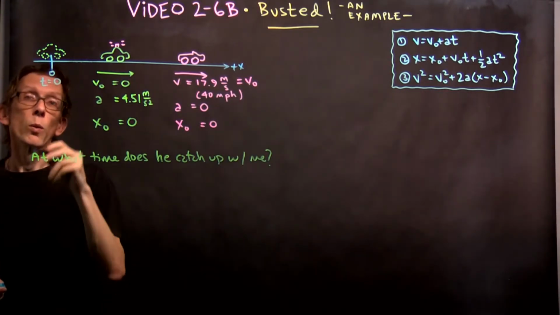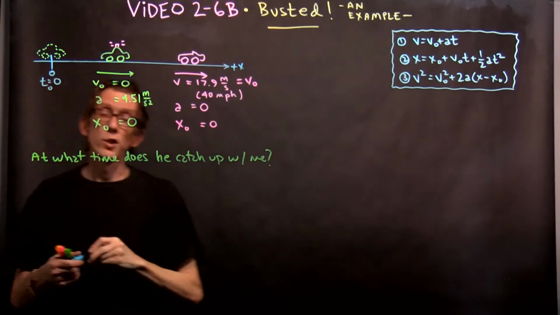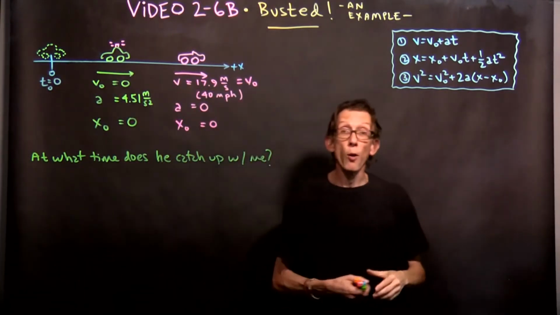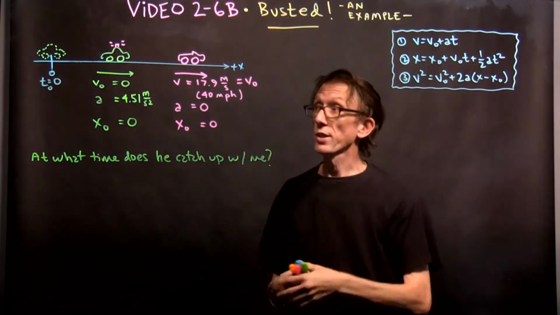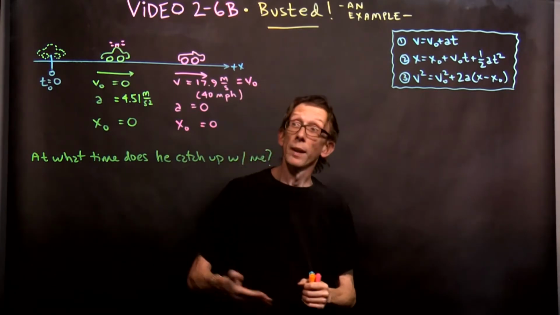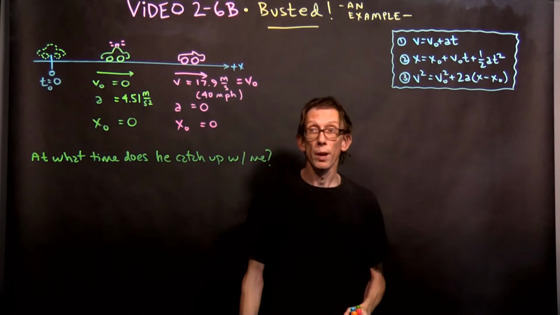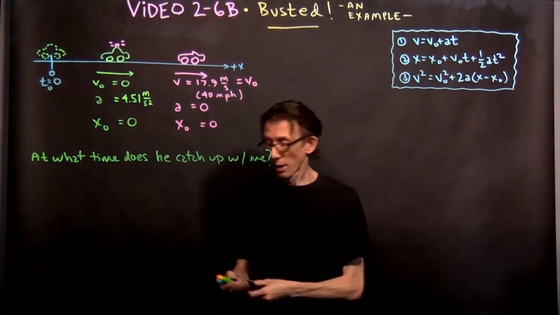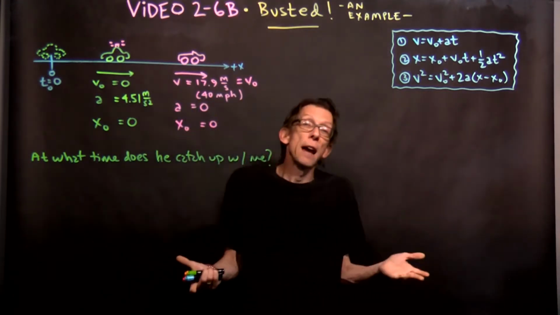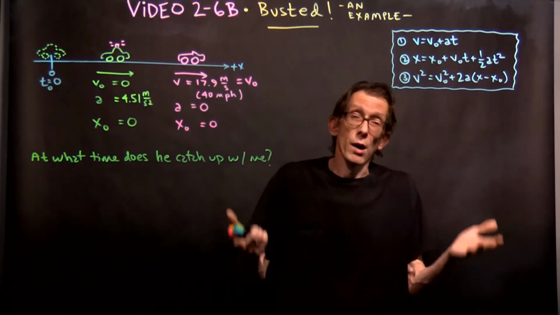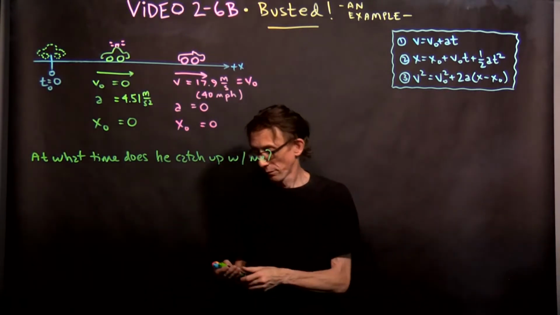T is equal to 0 right there. So the T naught, as usual, is 0. So both of us, the clock starts at the same time that I pass the officer and he starts moving after me from rest. Okay. So what time, basically how long after I pass the officer is the officer going to catch up to me?